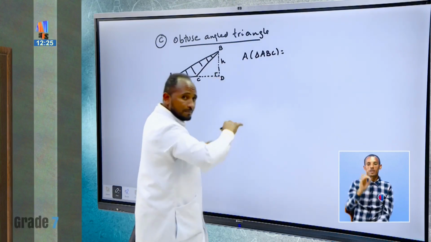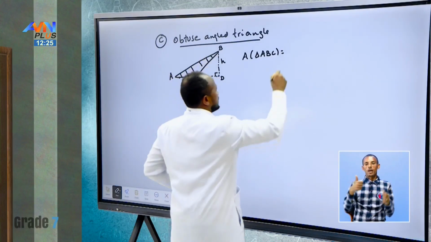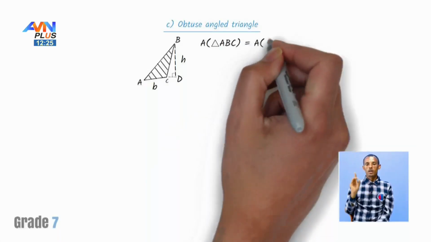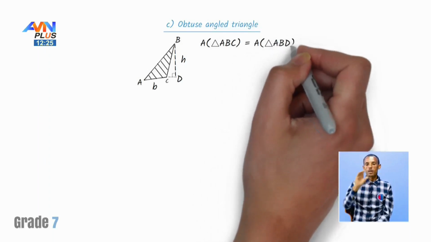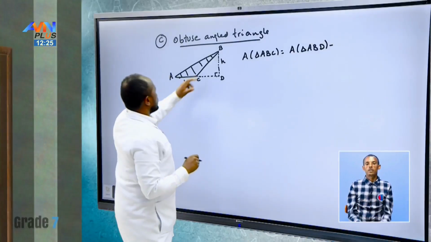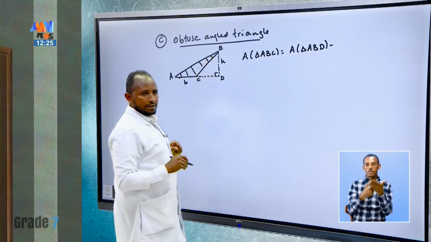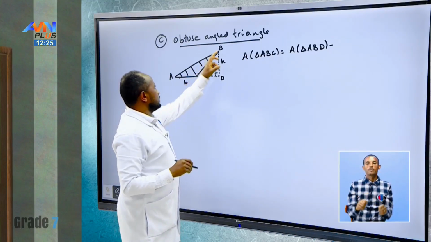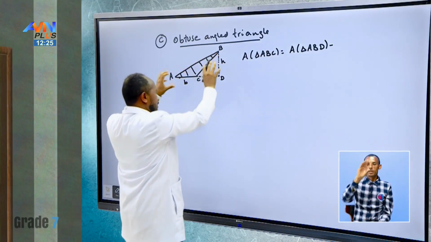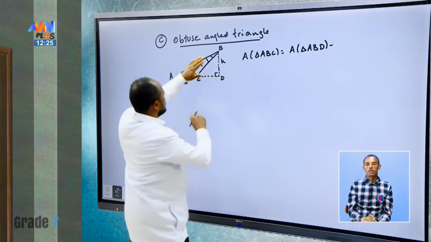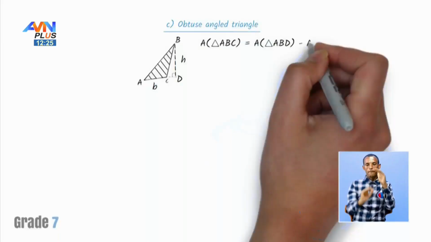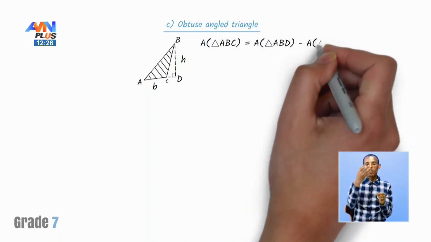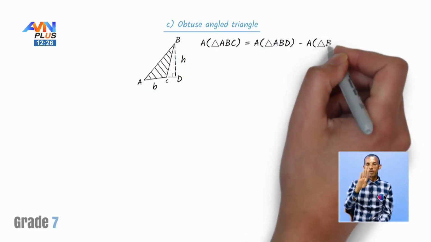So the area of triangle ABC will be equal to the area of the total triangle. Assume this point to be D. So from the bigger triangle ABD, area of triangle ABD minus the area of this triangle BDC. From the total triangle, if you subtract this one, you will have the area of this.